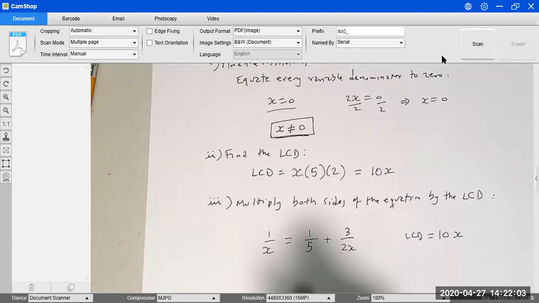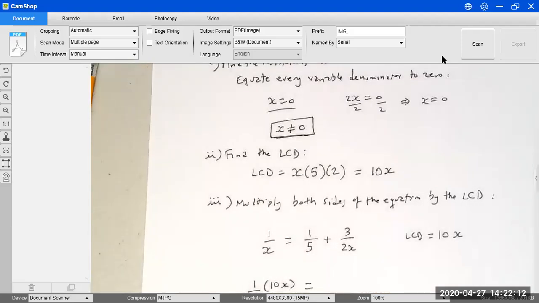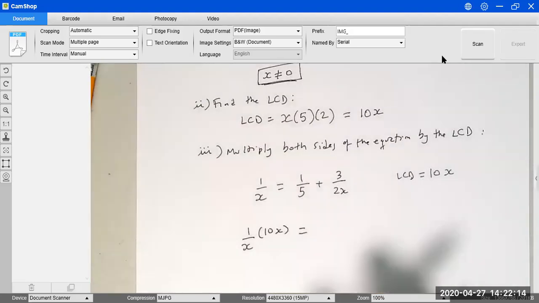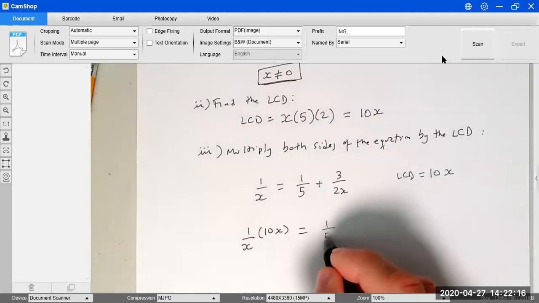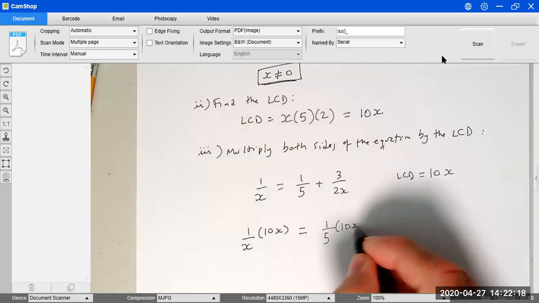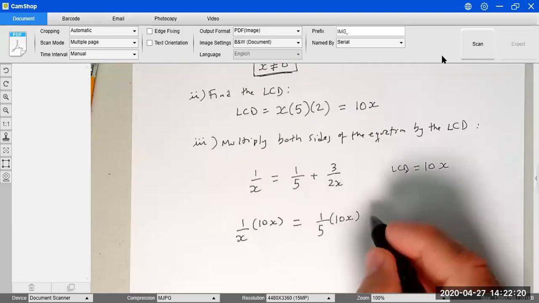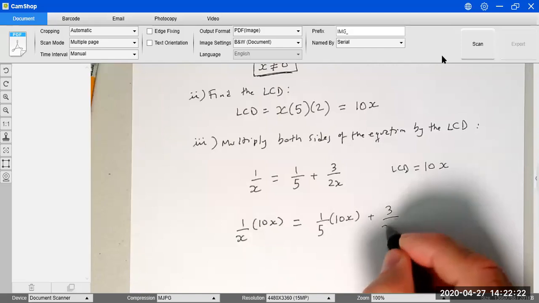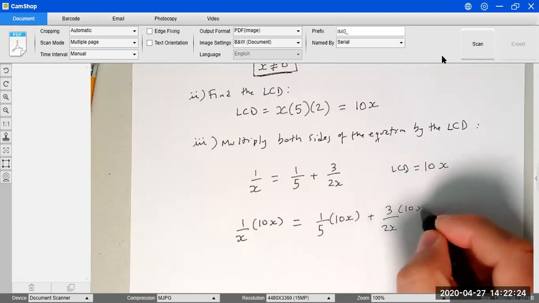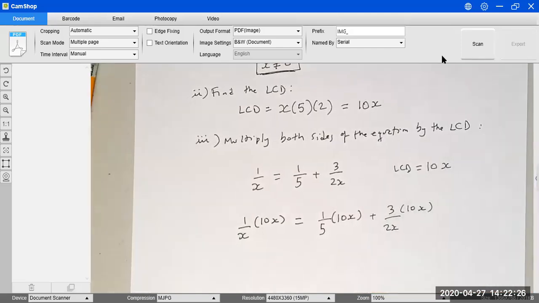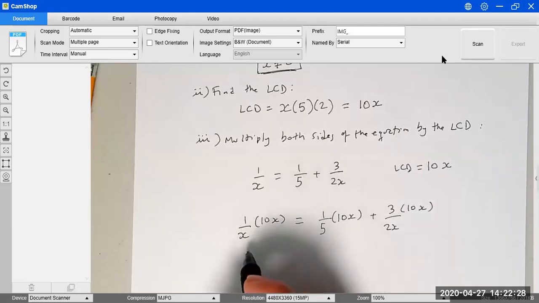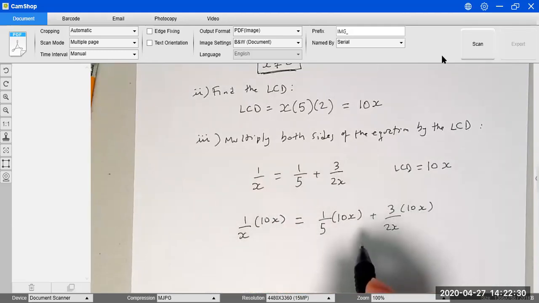So I multiply 1 over x by 10x, that's the left-hand side. Then I multiply 1 over 5 by 10x, and 3 over 2x by 10x. Now we're going to simplify, and then solve the resulting equation.